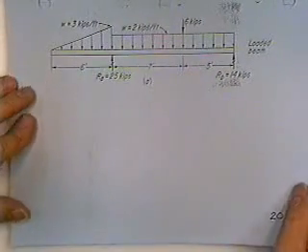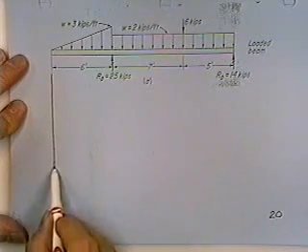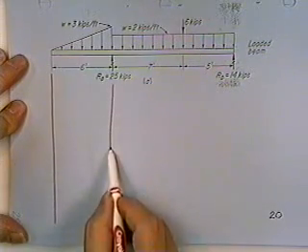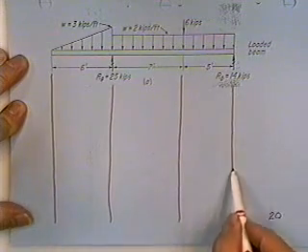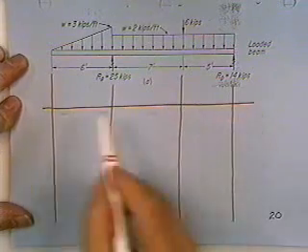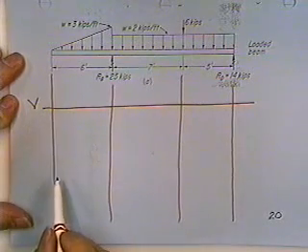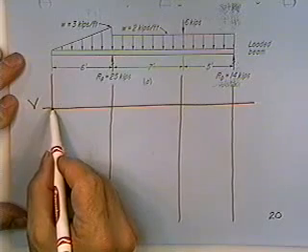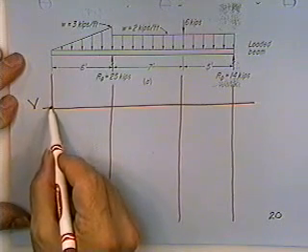Page 20. I'm going to do nothing more than just draw kind of what their shapes are. Won't actually put any magnitudes on there. Our shear diagram would start on the left end at 0.